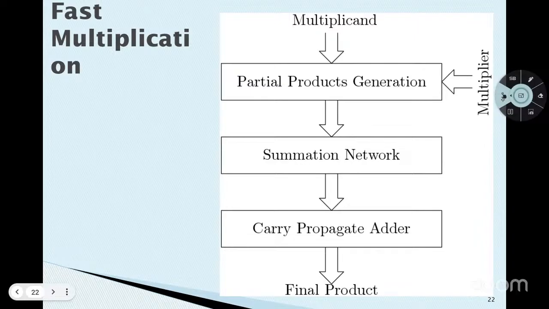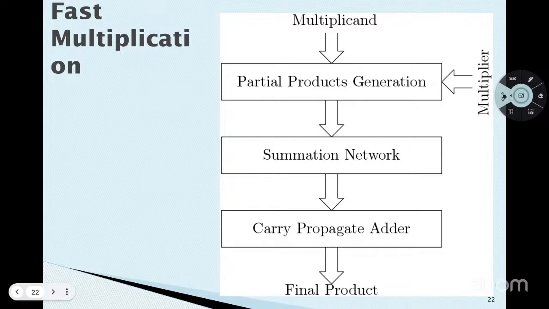Then you can take the one example and you can multiply by manual process. Multiplicand, multiplier, summation network using right shift operations, then carry propagation.